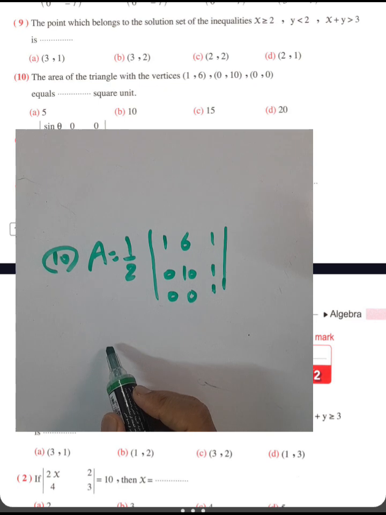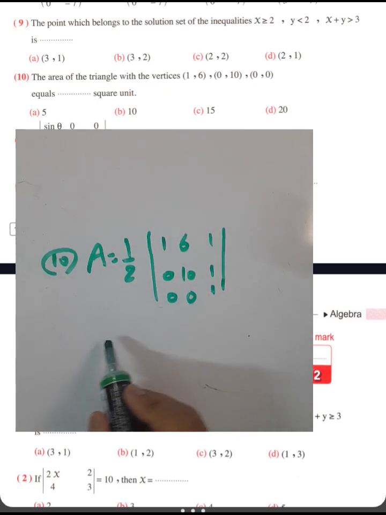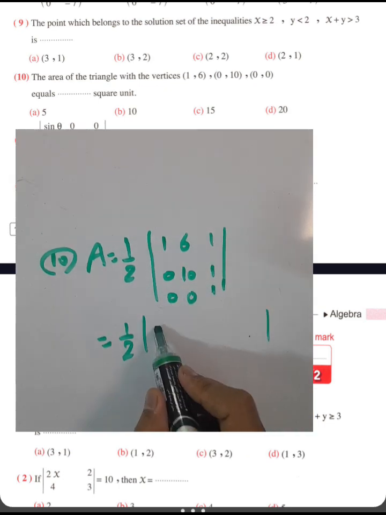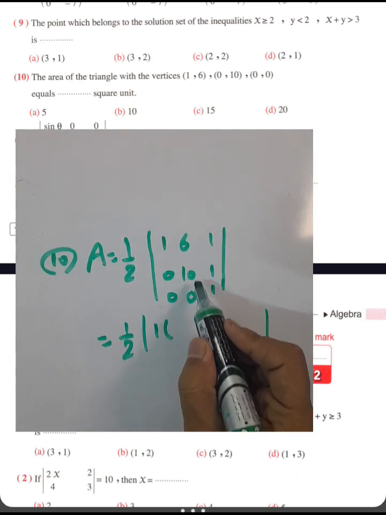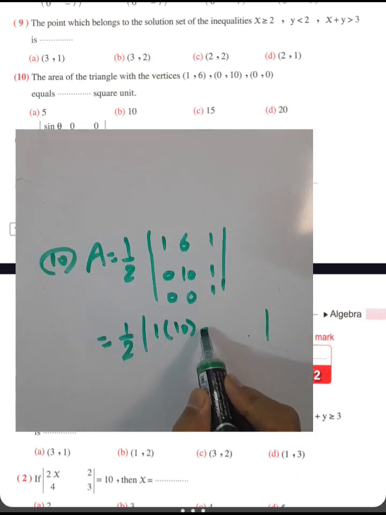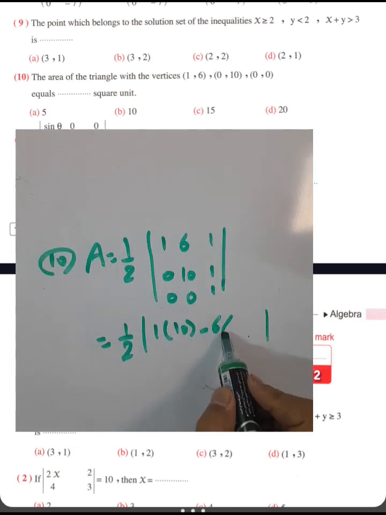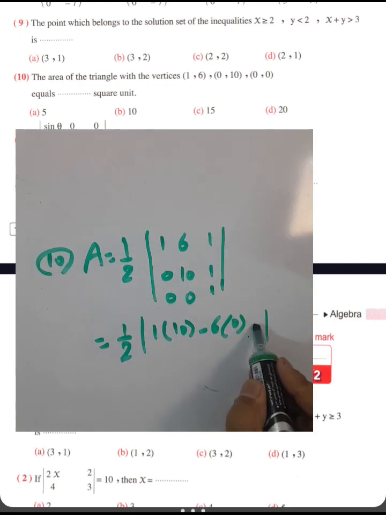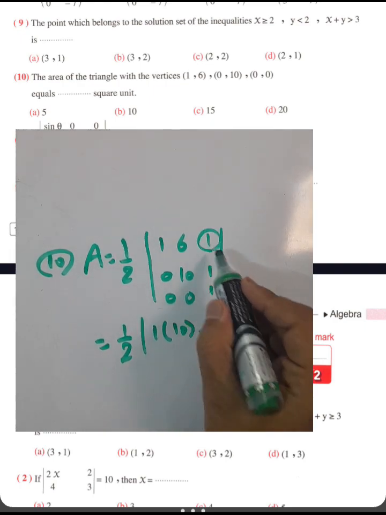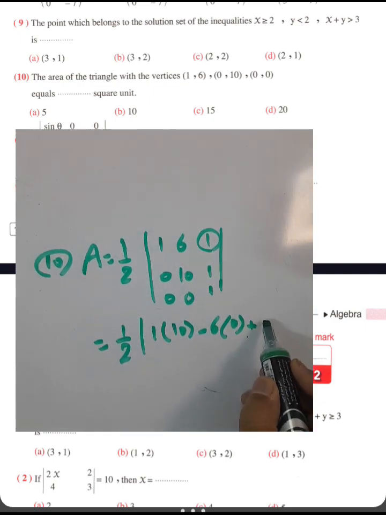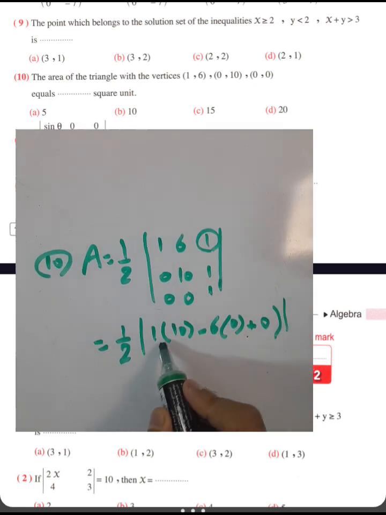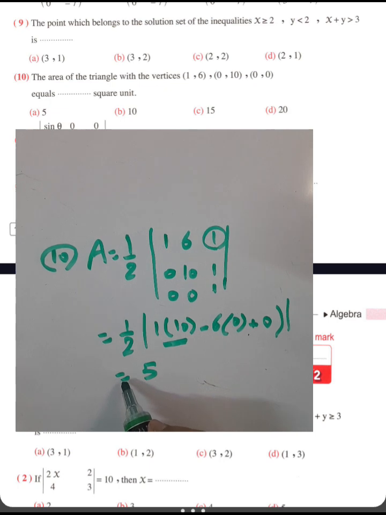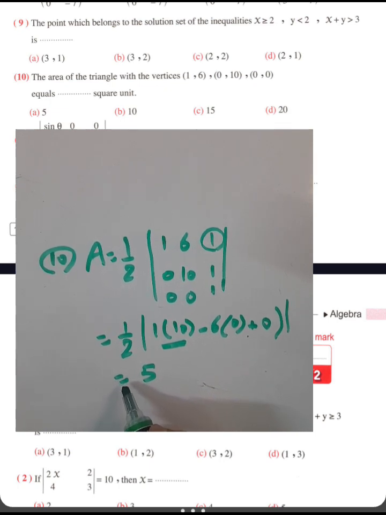We can find the result here about this determinant. 1 product by 10 minus 0, it will be 10. Subtract by 6, product by 0, plus 1 here, product by 0. Then the result here will be 10. 10 divided by 2 equal 5. The area about question number 10, 5 square unit, choose letter A.